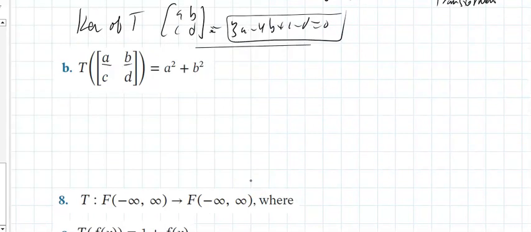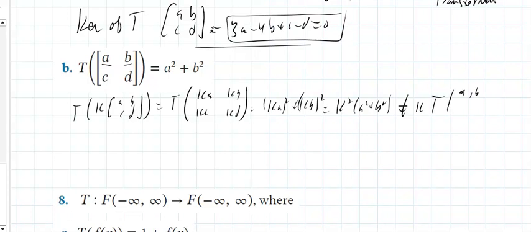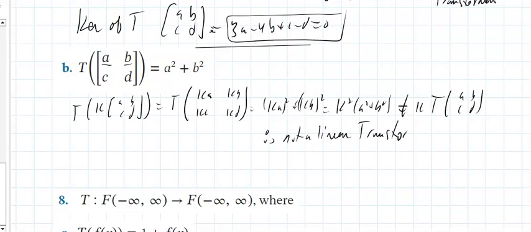If I take the transformation on K times A, B, that equals K squared times that, which does not equal K times T of A, B. Therefore, not a linear transformation.